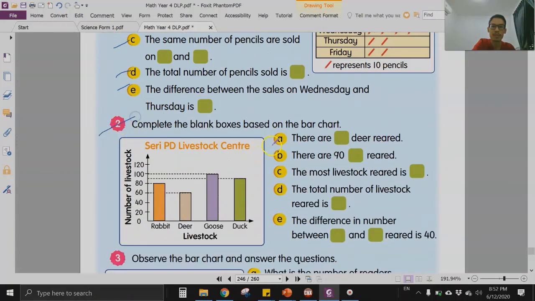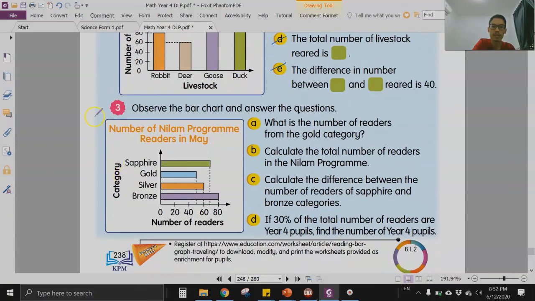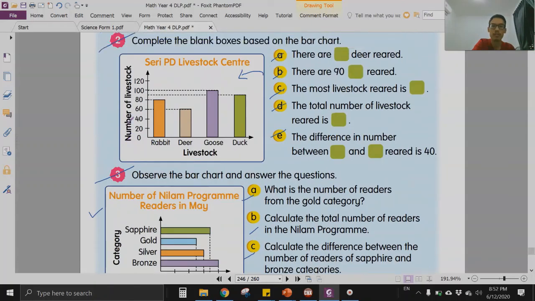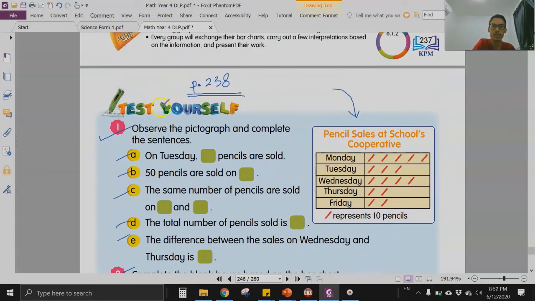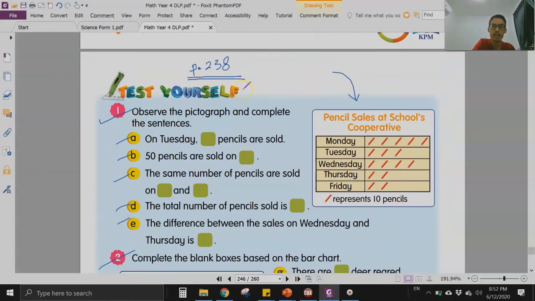Question 2, answer everything here based on the bar chart over here. And then question 3, answer everything here based on this bar chart. Okay, so there are 2 homeworks for you today. One is on proportion, second one is on data handling.